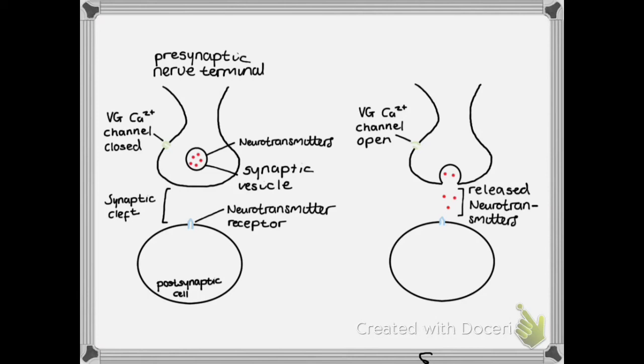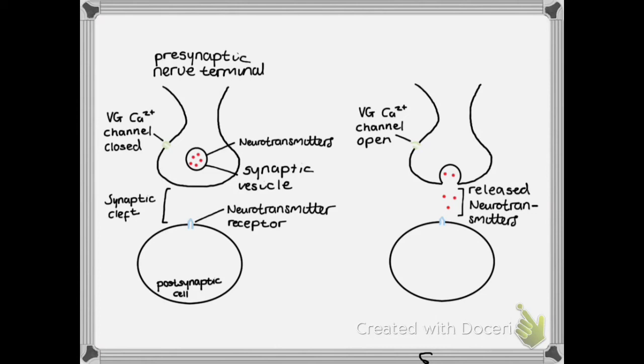At the end of your neuron, you have the terminal branch, and then at the very end of a terminal branch, you have something called a nerve terminal. It's called a presynaptic nerve terminal because it's before the synapse. And here there's a little synaptic vesicle that's full of neurotransmitters.